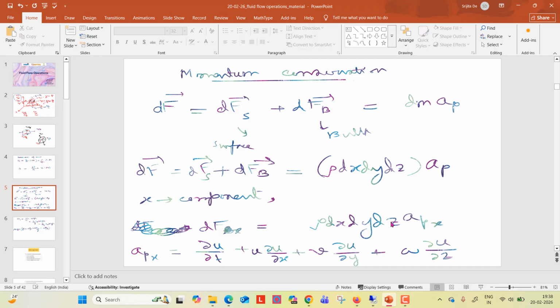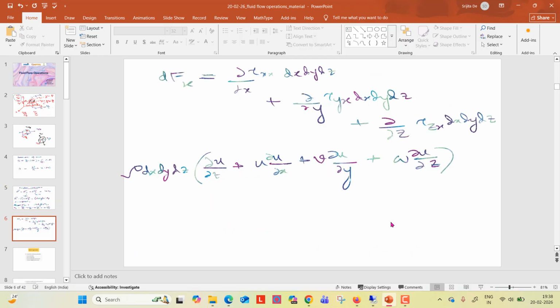And this is the surface force, dfx. There is another bulk force or body force, represented by dfbx. This is the body force, meaning m into g. The mass is again rho into dx dy dz, and here g will be gx because it is the x component.